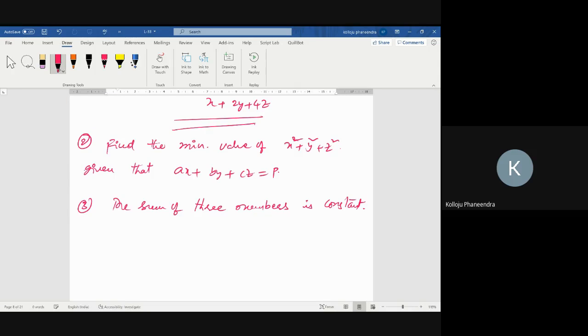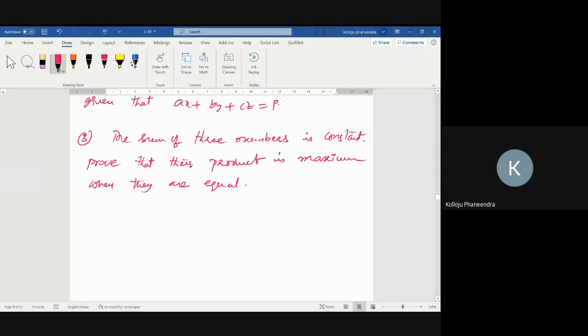Okay, prove that their product, that means x into y into z, is maximum when they are equal. That means xyz is the function which is to be maximized subject to what condition? x plus y plus z equal to a. Apply Lagrange's method, you will get x equal to y equal to z. Next one.